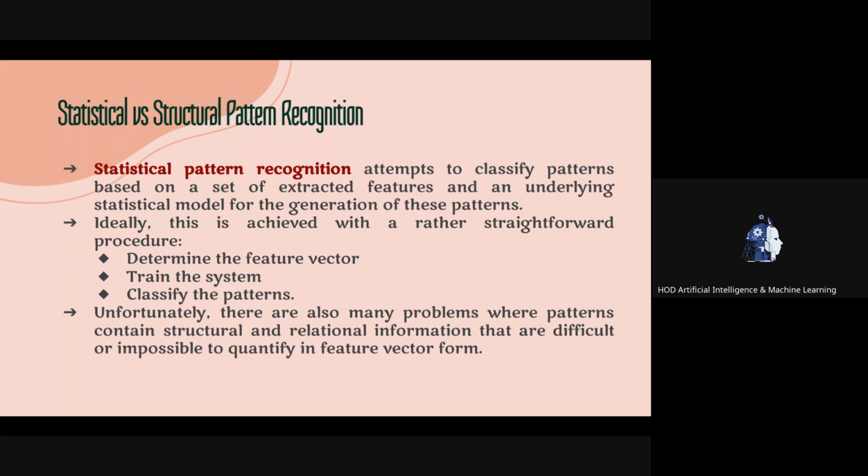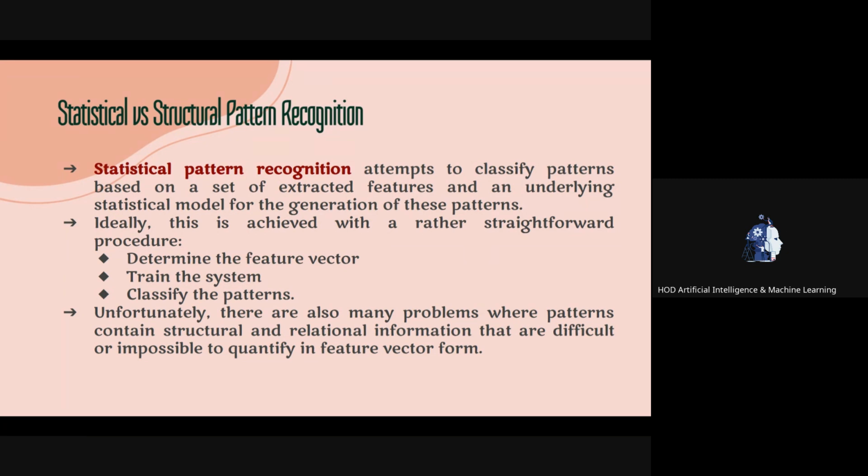I'll just show you an example in the next slide of how the structure could be classified or matched. And there is relational information of the particular object. For this kind of complicated problem, it is impossible to quantify with the available feature vector.